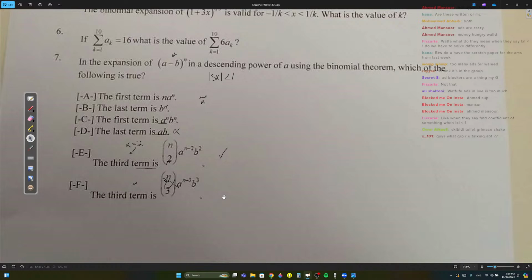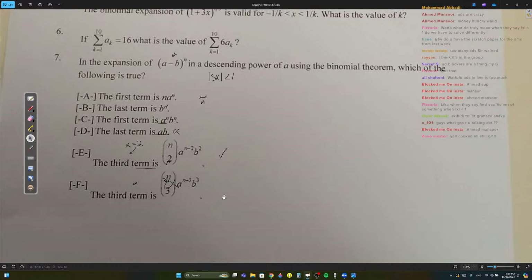I'm gonna open the AMS scratch paper before I end the live, the one for last Thursday, September 13.